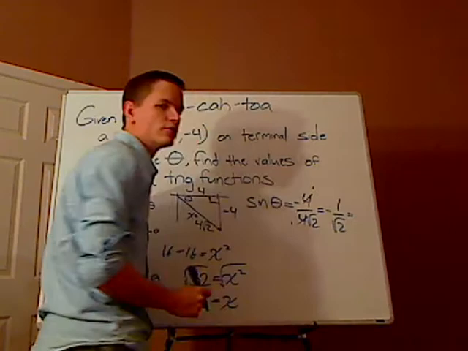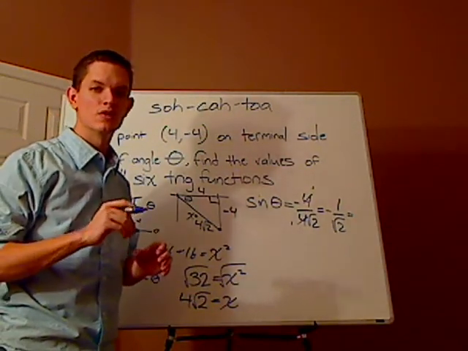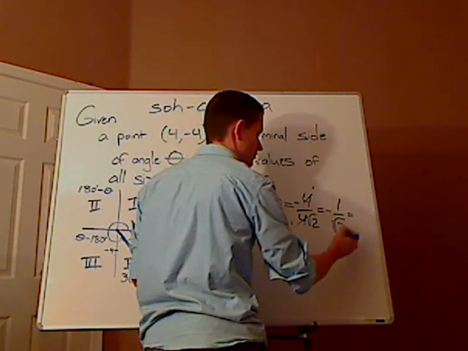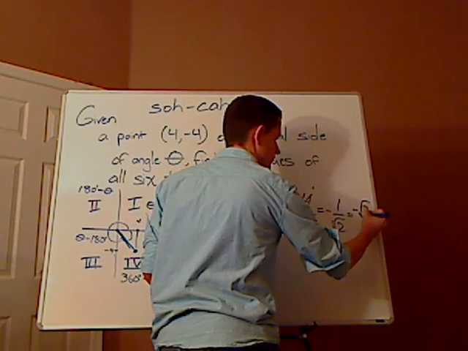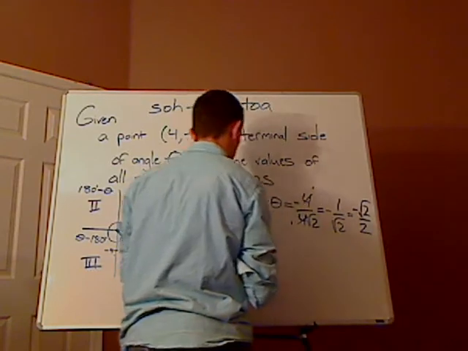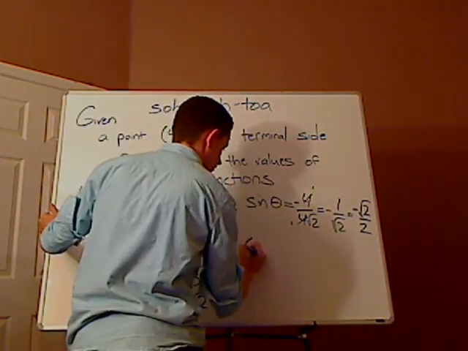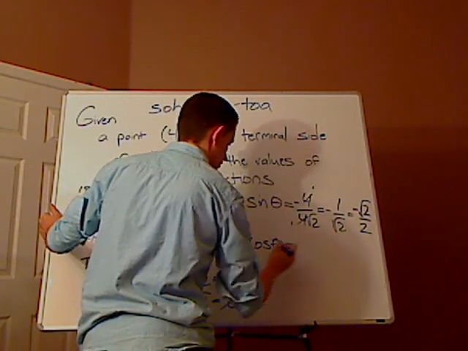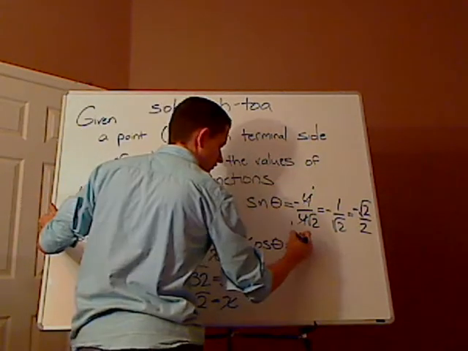But you also might be told to rationalize it. That means that you can't have any square roots in the denominator. So you have to multiply the top and the bottom by square root of 2. When you do that, you get -square root of 2 over 2. Next, what you want to do is cosine theta. Cosine is the adjacent over hypotenuse.